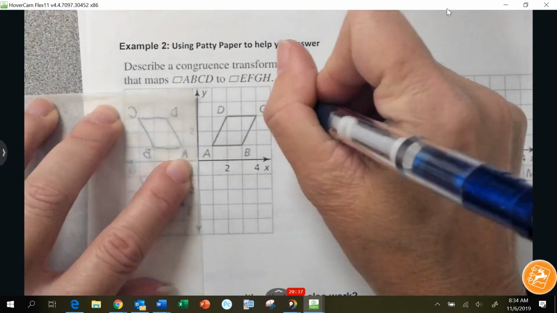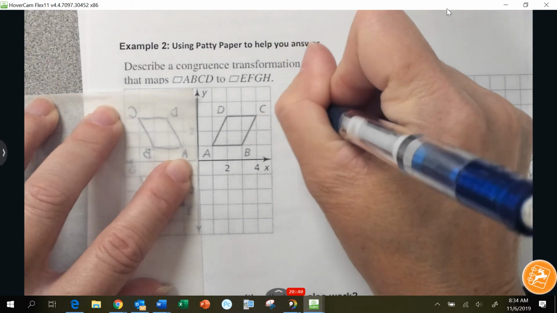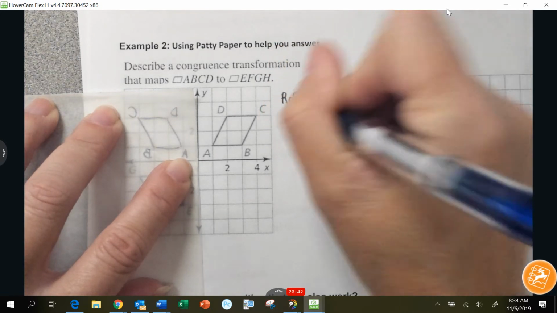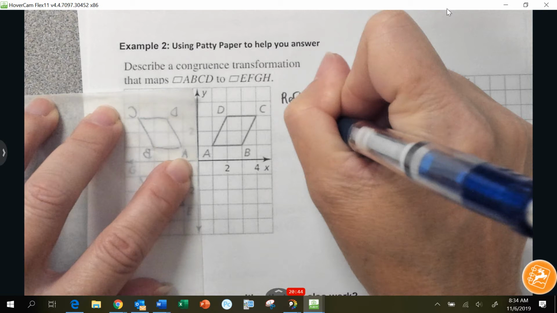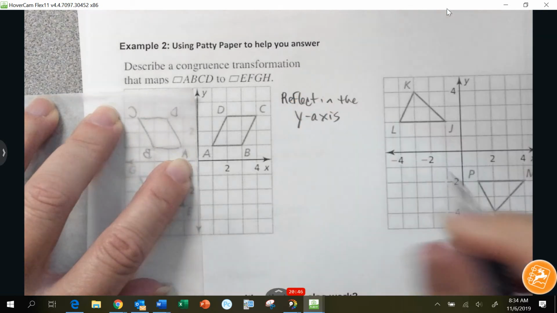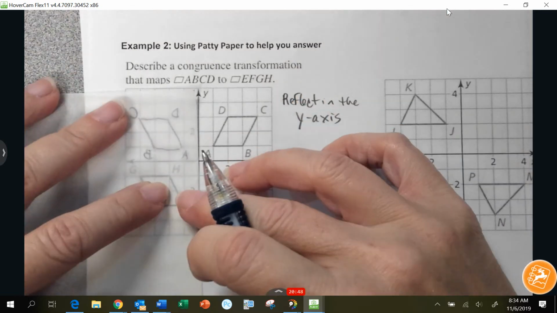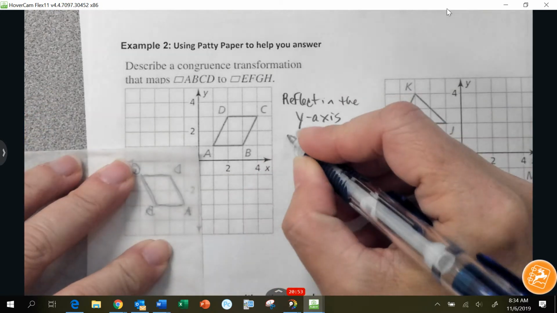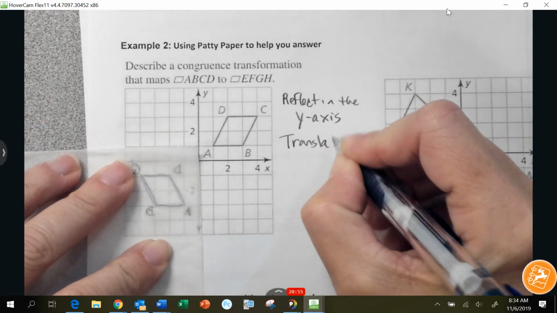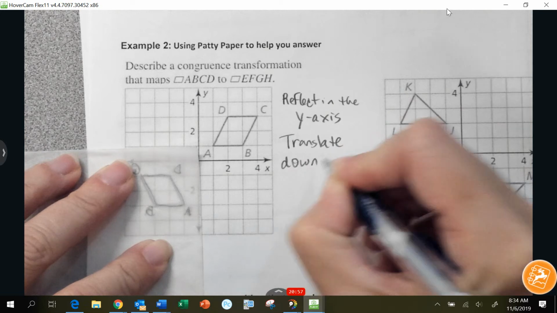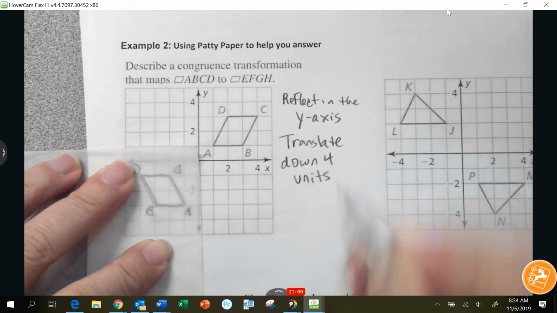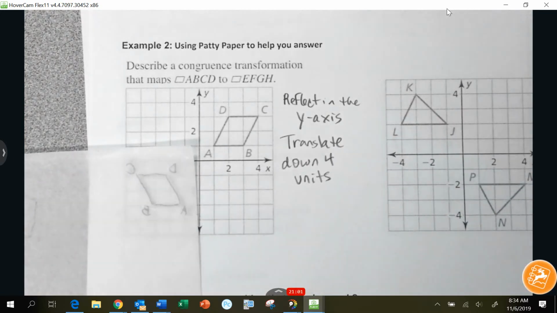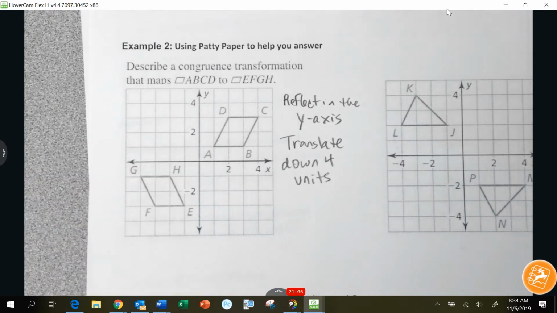So we first reflect in the y-axis, and then after that, 1, 2, 3, 4, translate down 4 units. See the patty paper, maybe you saw that on your own. Does anybody see that on their own?